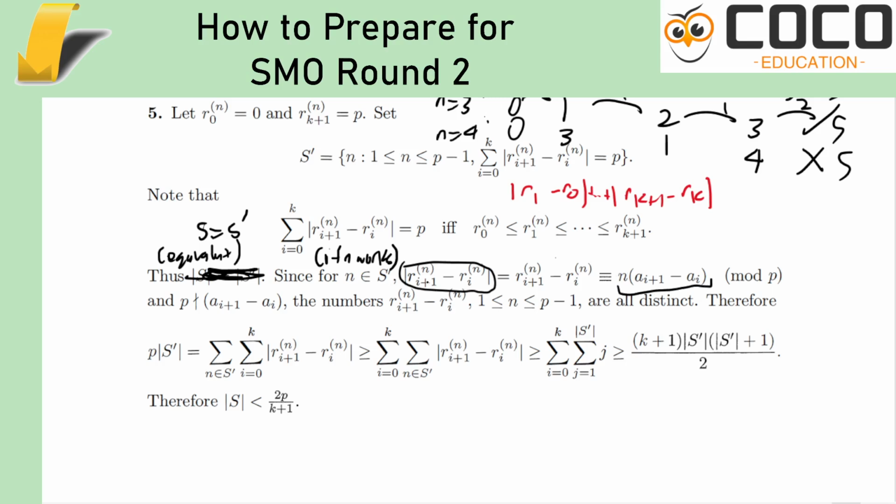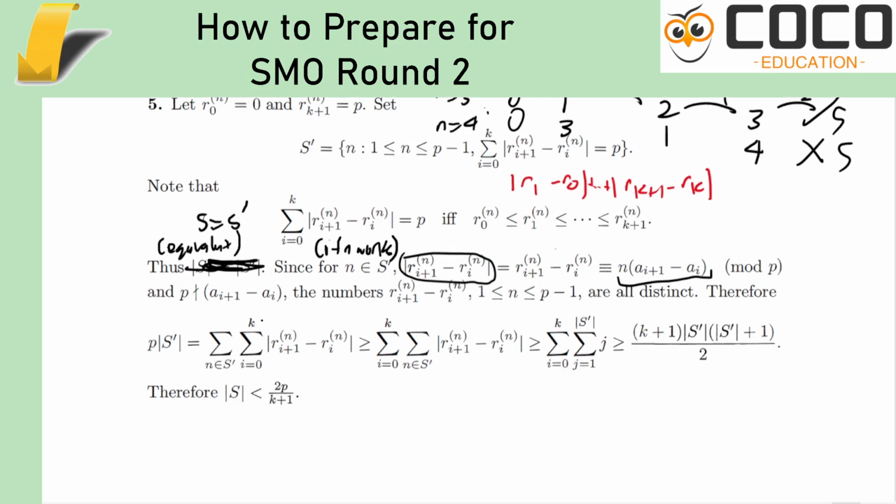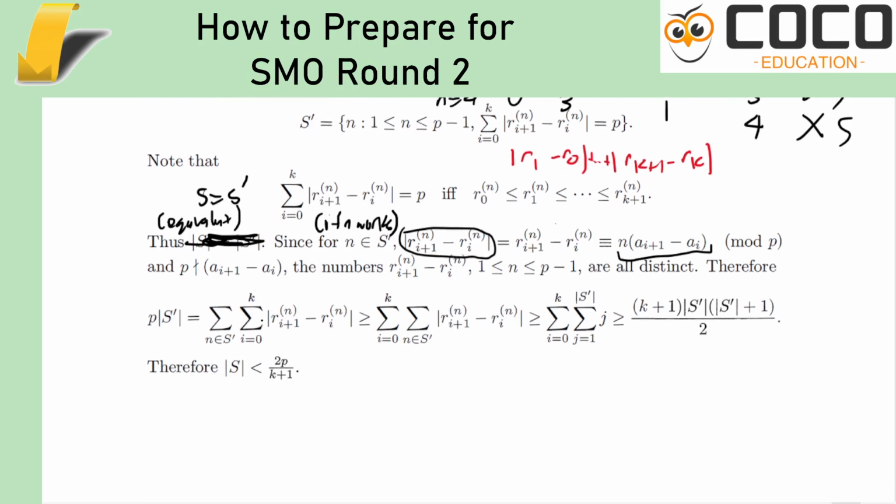By definition, it is n times a i plus 1 minus n times a i, where p doesn't divide this. Therefore, if we are looking at our number line, these are all just going to be different sizes of jumps.